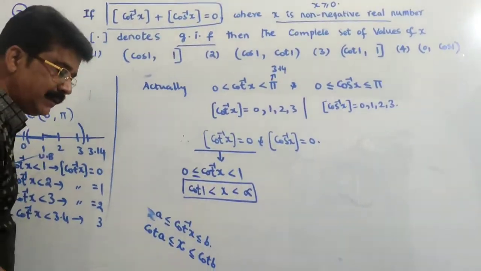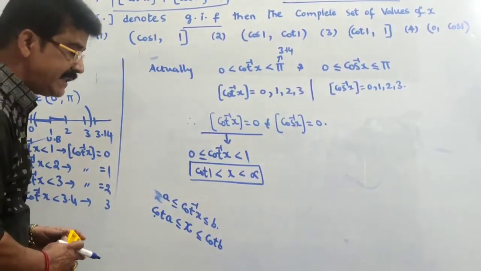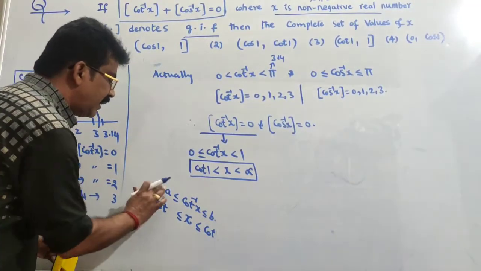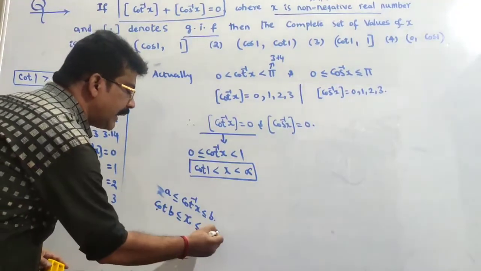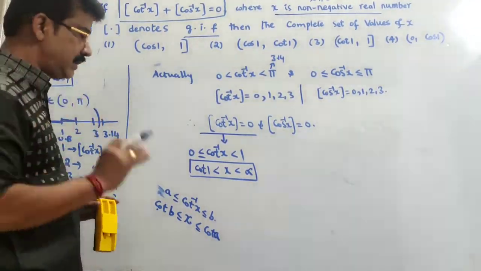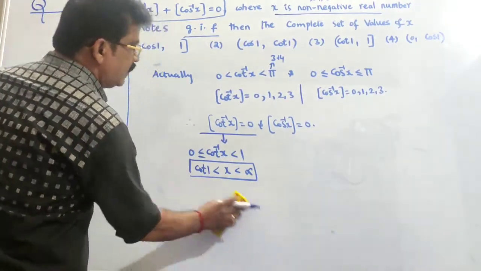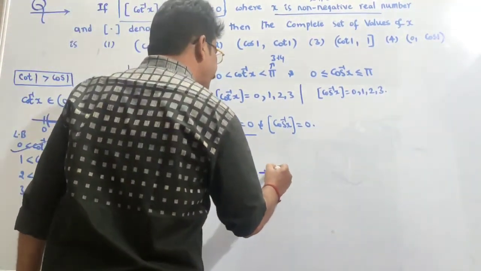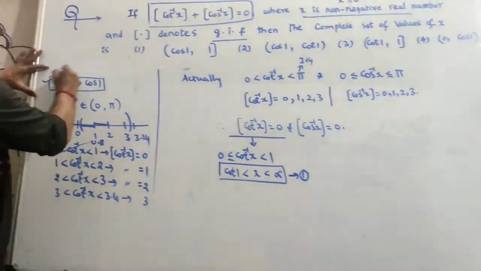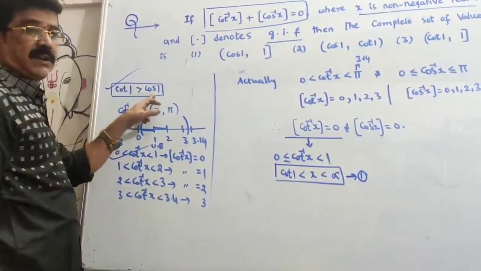But cot is a decreasing function, that's why we change it, not a to b but b to a, just like that, because cot x is a decreasing function. Okay, next. So this is the first statement. Remember, already I said cot 1 is greater than cos 1.